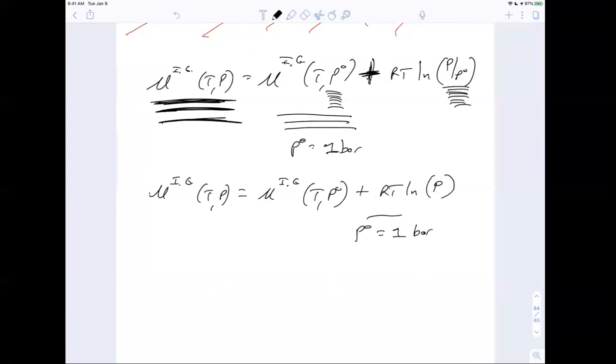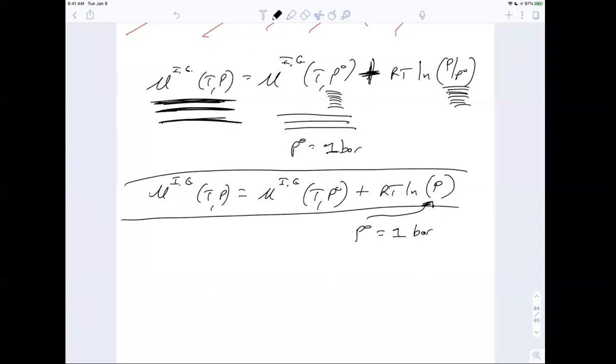And in fact, what you're doing here is taking into account that there's a ratio of P over P superscript 0, and that P superscript 0 is 1 bar.